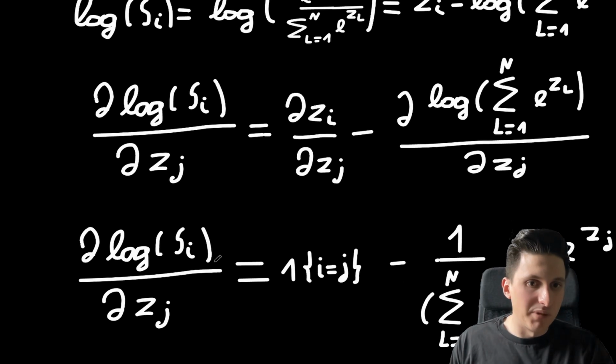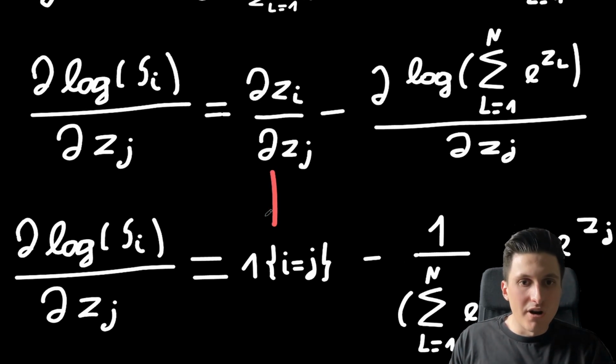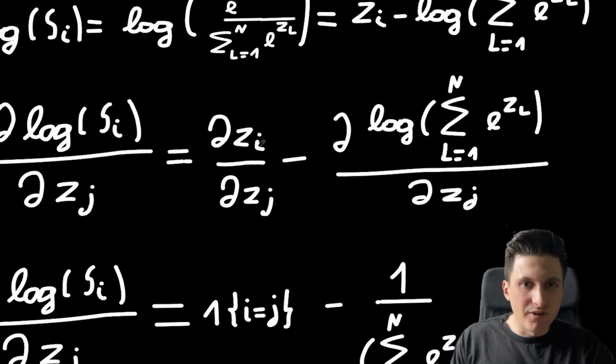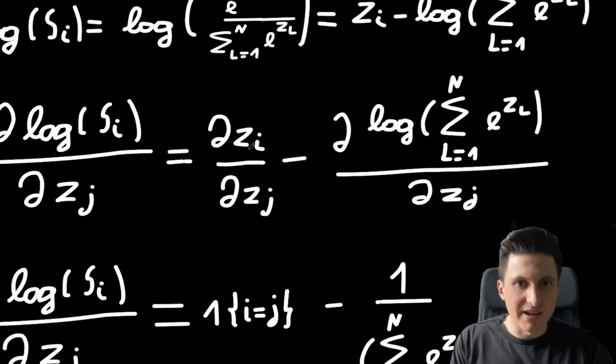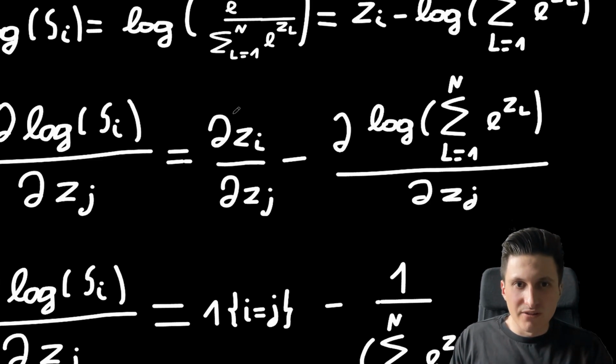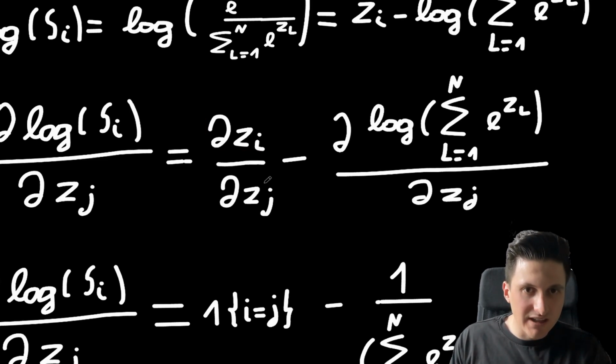The first part can be simplified, because if we take the derivative of Zi, which is just a single parameter, with respect to Zj, which is another parameter, the derivative will be 0, since a change in Zj doesn't do anything to Zi, unless the index j is I. In that case, we are calculating the derivative of Zi to Zi.